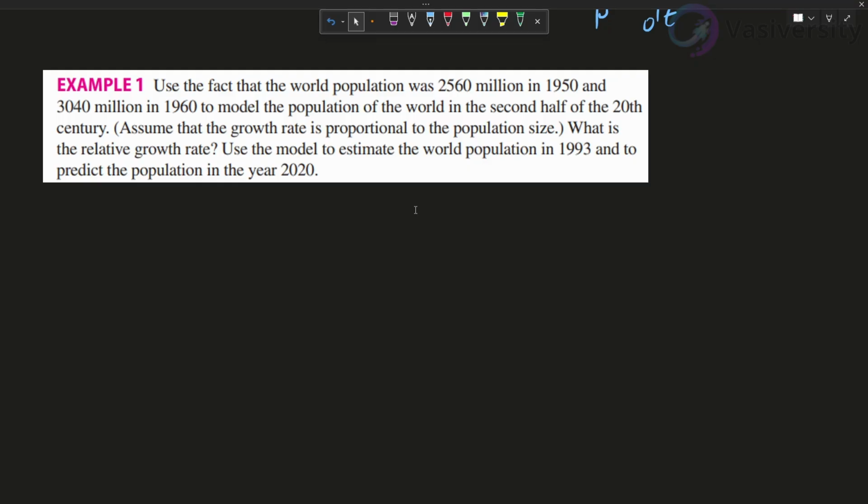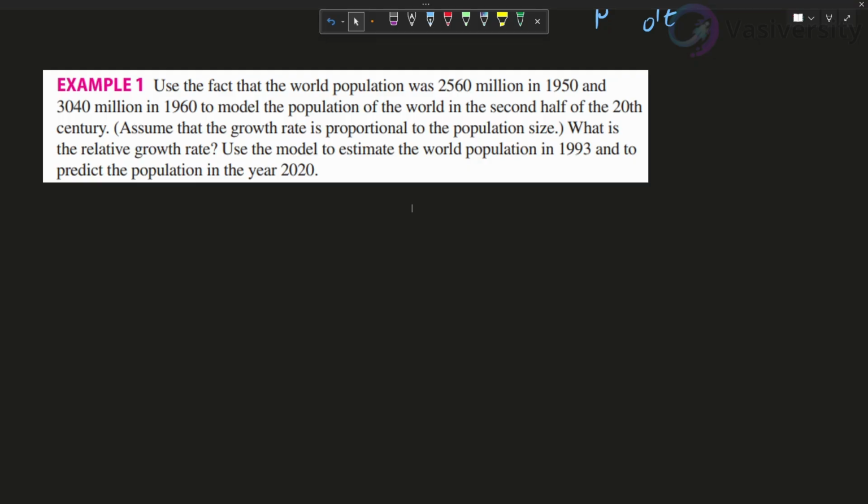Assume that the growth rate is proportional to the population size. What is the relative growth rate? Use the model to estimate the world population in 1993 and to predict the population in the year 2020. We will see how accurate it is.